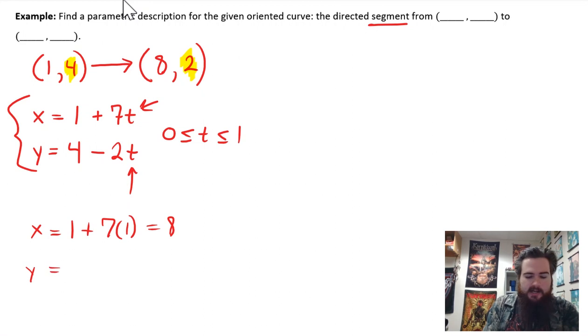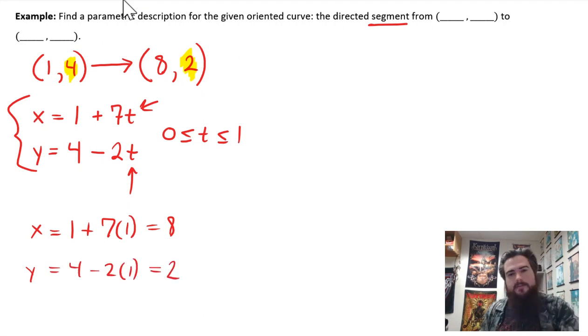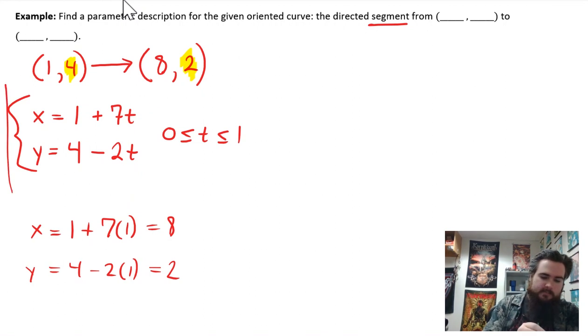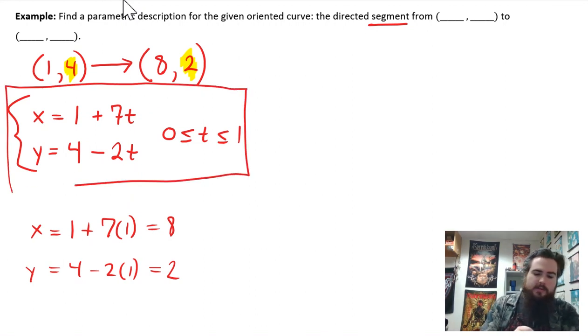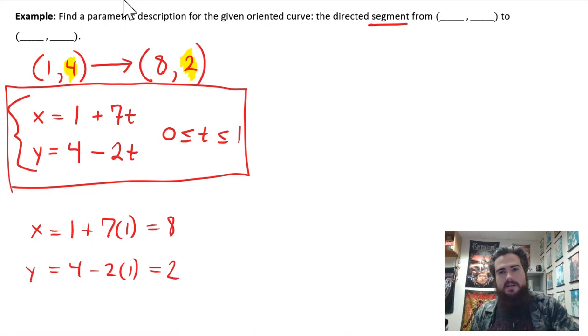And you'll have y equals 4 minus 2 times 1, which is 2. So 0 will be your beginning point, and 1 will indicate your ending point. But that's all we really need: those set of equations with the bounds on t.